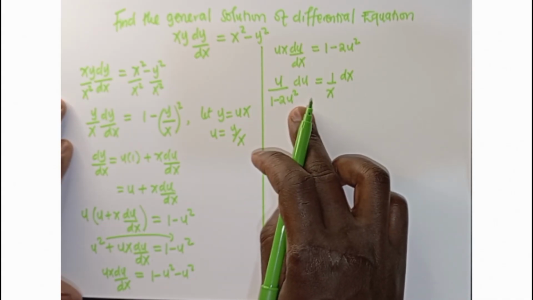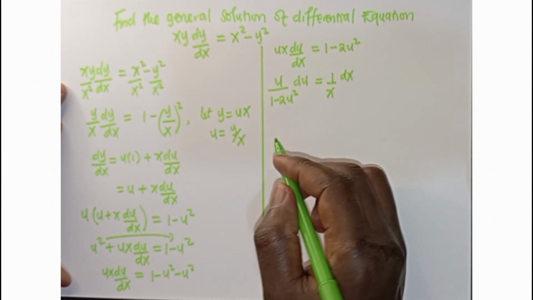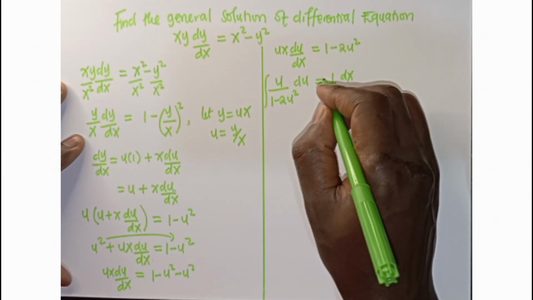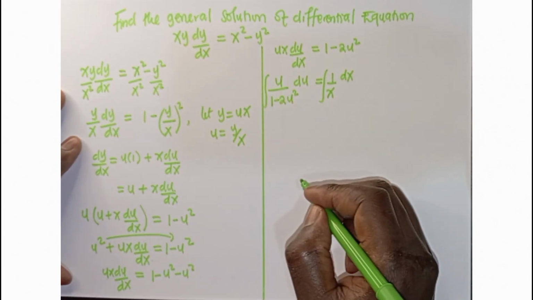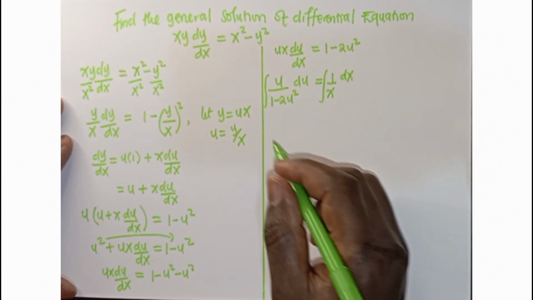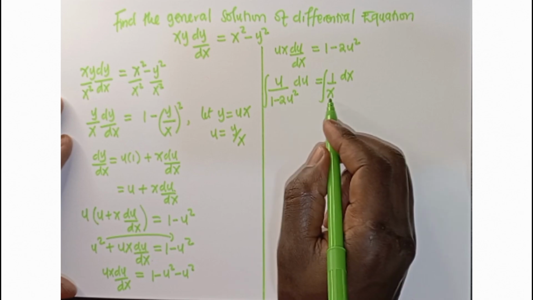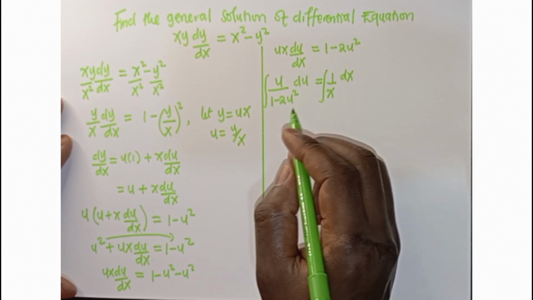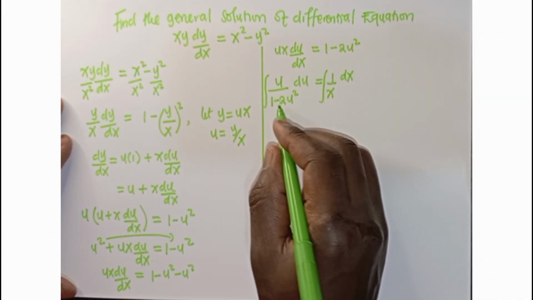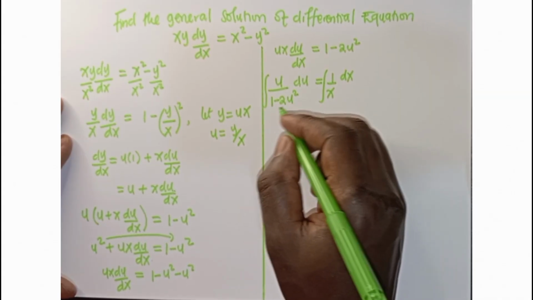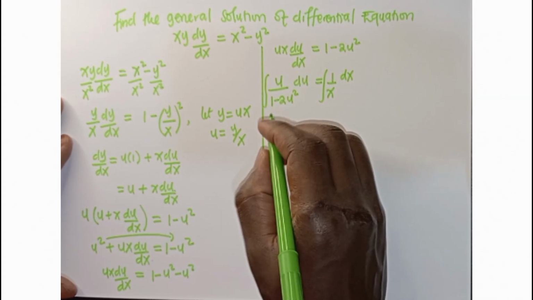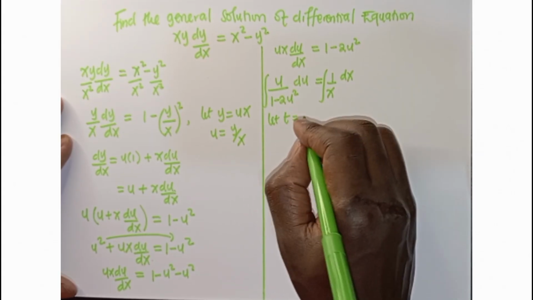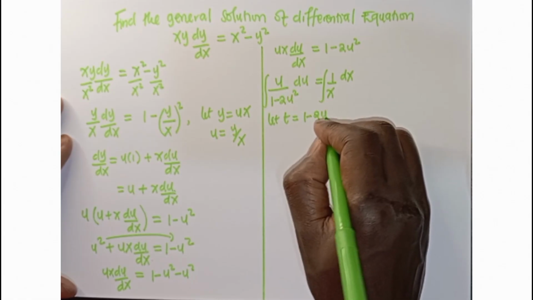So when you separate variables quickly like that, you go ahead and integrate on both sides. When you integrate on both sides, you clearly see this is ln x. Now when we deal with this side here, this one is not obvious. So we let, for example, t equal to 1 minus 2u squared.